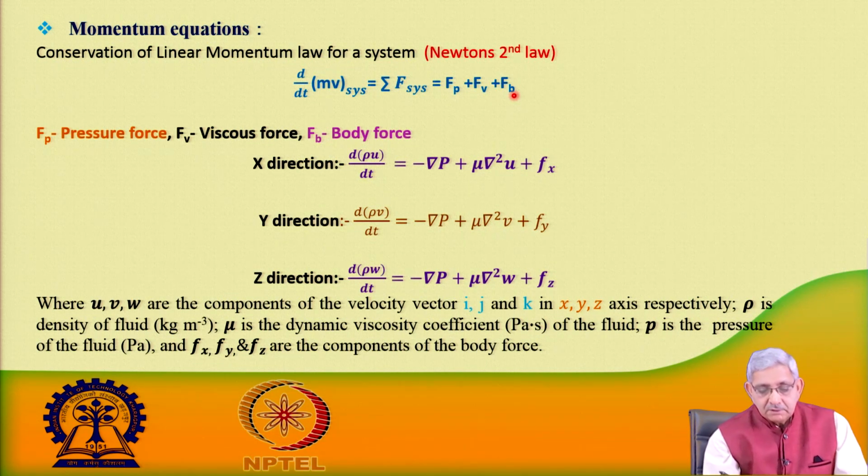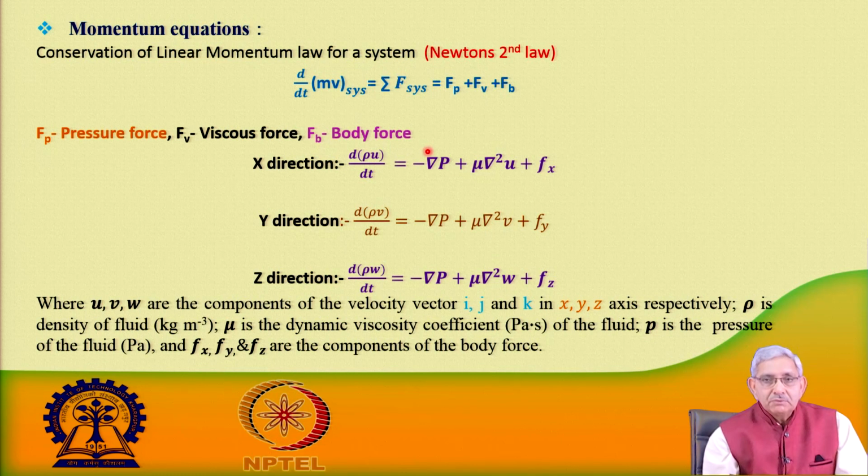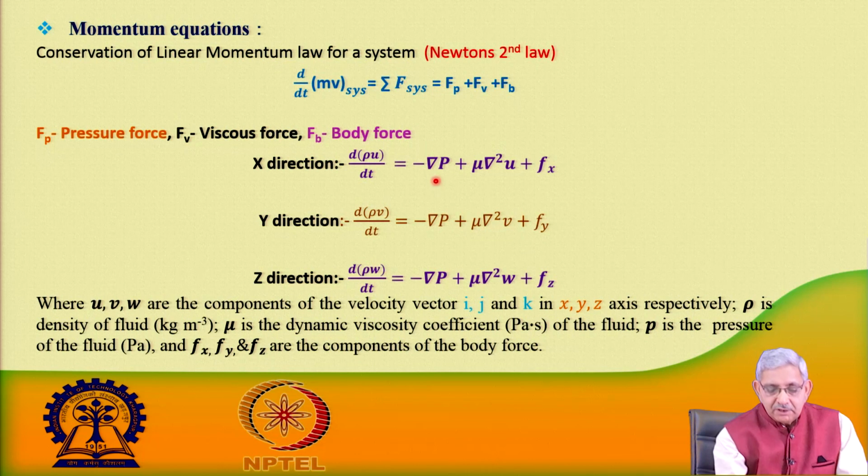So, in the x direction we can write that the rate of change of rho u is given by minus del p plus mu del square u plus f x. So, this is the body force, this component is the viscous force, and this component is the change in the pressure force.